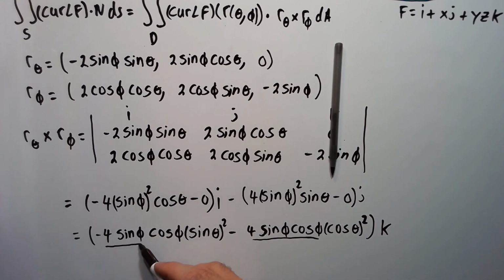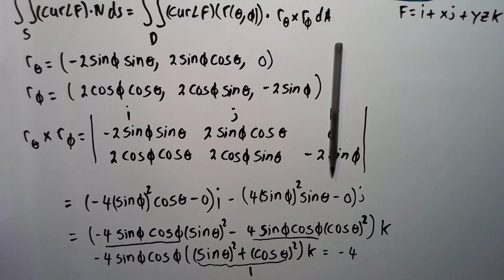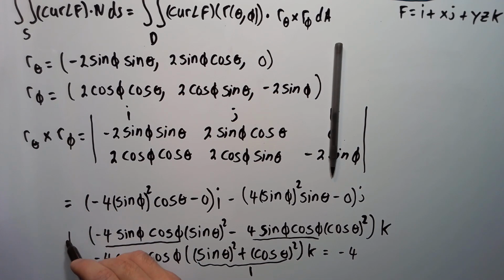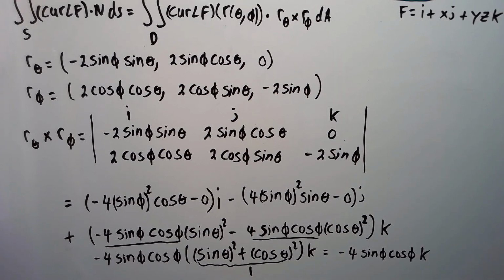Let me factor that out from the k component and simplify it a bit. So I factored out the minus 4 sine phi cosine phi, then I have sine squared plus cosine squared. This actually should be a plus here, not an equal sign. And that's just 1. So this collapses to the negative 4 sine phi cosine phi k direction. Okay, so we get this for the k component.